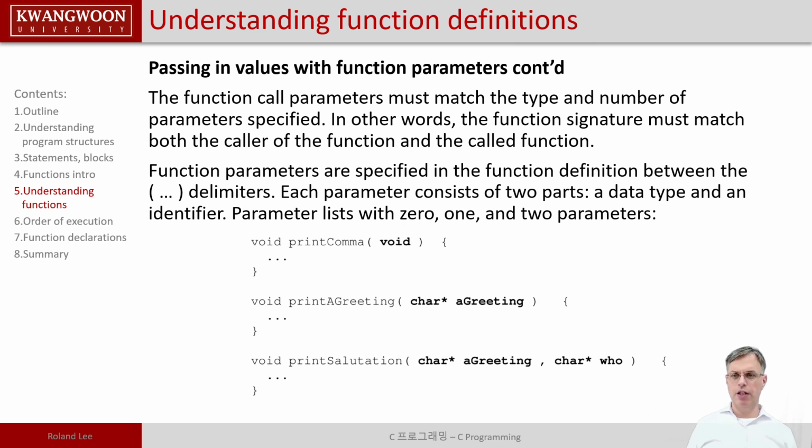Now each parameter consists of two parts: a data type and an identifier. The data type specifies what kind of value is being used: a whole number, a decimal number, a string, and so on. And the identifier is the name used to access that value. Multiple parameters are separated by a comma.